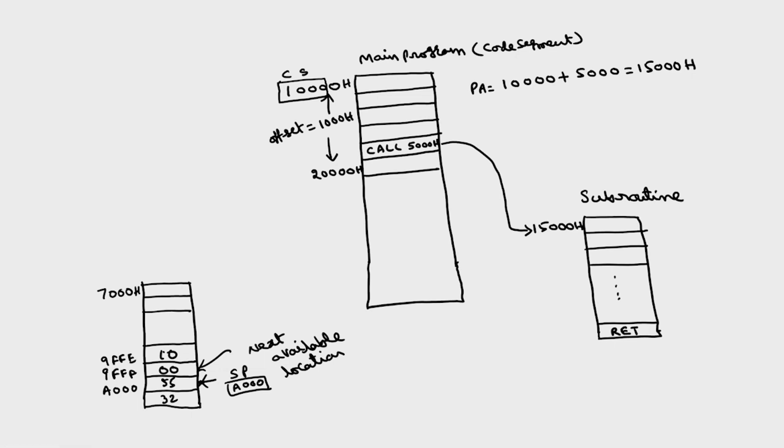So, this is the stack pointer before the call instruction, and this is after the call instruction. The inherent operation inside this call instruction is that the contents of the instruction pointer, this offset 1000, will be held by the instruction pointer.